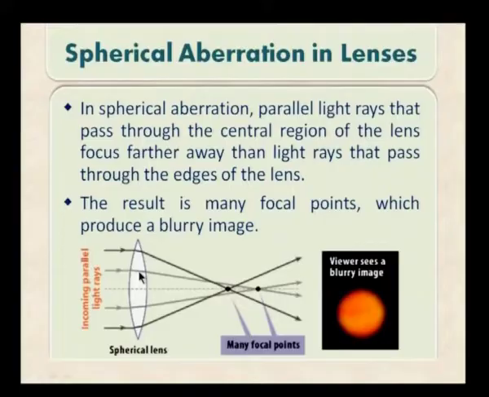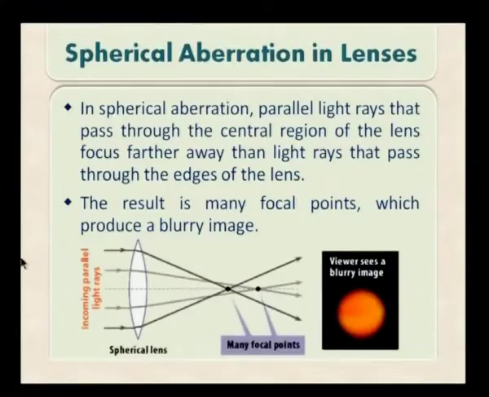The point is, as I told you, the equations that you obtain in the case of a mirror or a lens, connecting the object distance, the image distance and the focal length, will hold good only if the angle made by the light rays on the lens or mirror is much smaller. So, the light rays which are very close to the optic axis will obey the equation connecting the object distance, image distance and focal length.